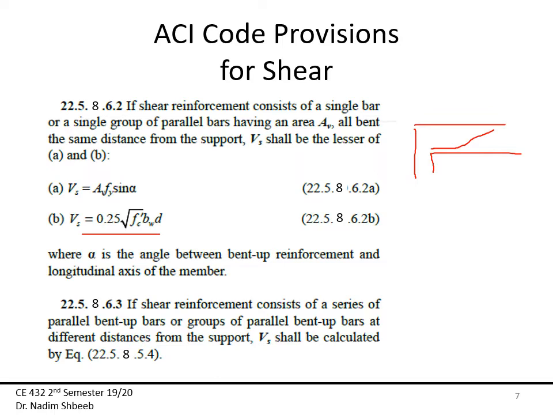Now if they consist of a series of parallel bars at different distances from the support, so this is one and this is the other one, then instead of using these two equations, I can use the equation that we talked about before, which was Av Fy (sine alpha plus cosine alpha) times d over s, which is the previous equation, and you can find that equation on this part right here.